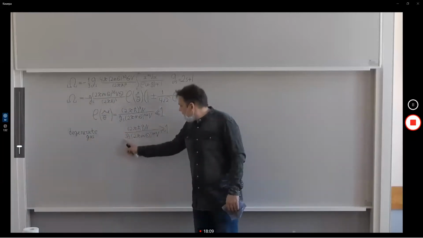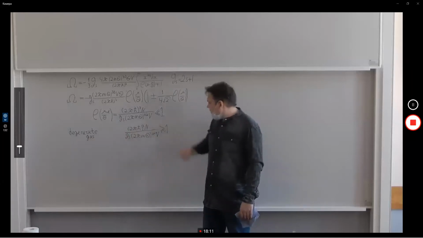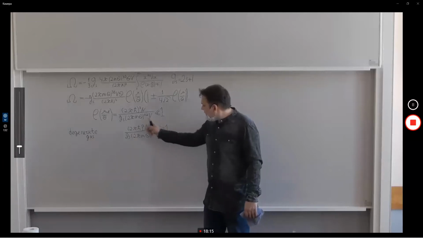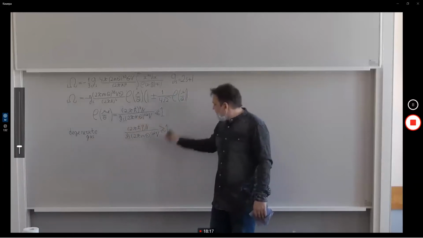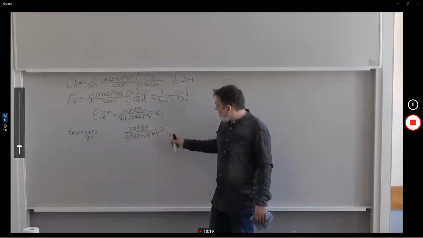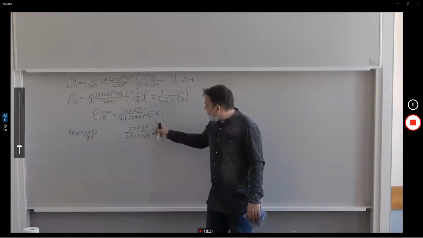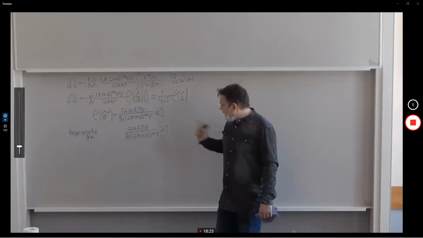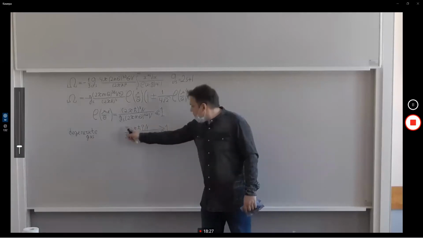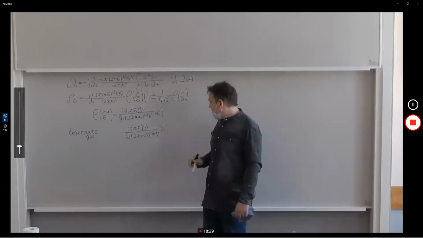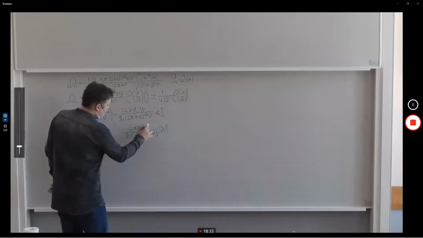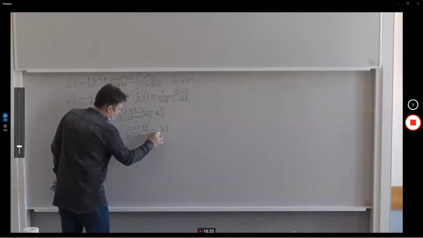Now, looking at this formula, we can find conditions such that the quantum gas can be degenerate, that is, when this ratio can be big. The first ingredient is the particle concentration.